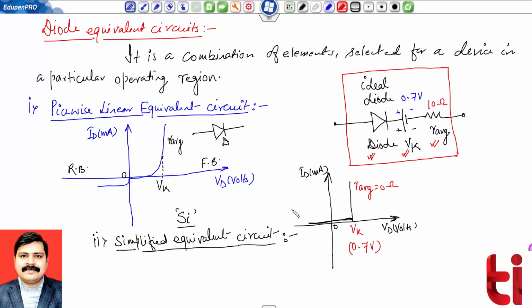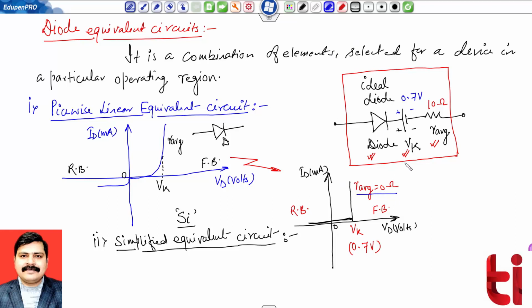That means this is my reverse bias condition and this is my forward bias condition, and you can see the significant difference between the two characteristics. This was the characteristics for piecewise linear equivalent circuit, and in the simplified equivalent circuit we have kept only one thing, which is that my average resistance is 0.